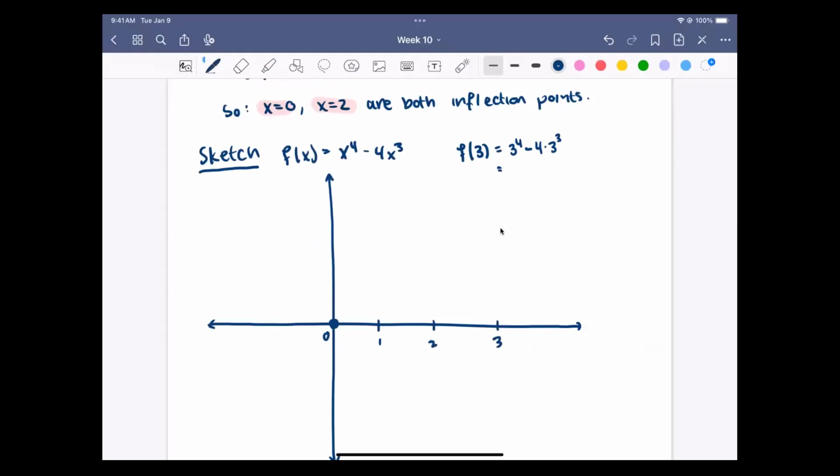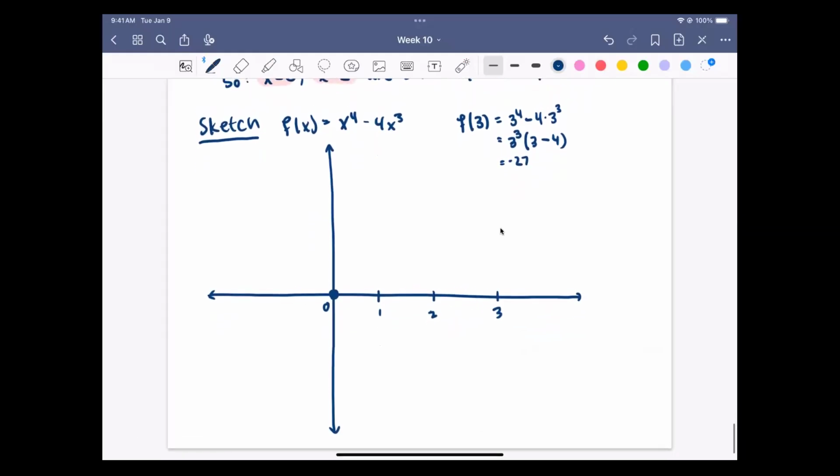So I'll pull out 3 cubed. And this leaves us with 3 minus 4. So this is negative 27. Okay, so this is not to scale, so I'll put negative 27 down here.